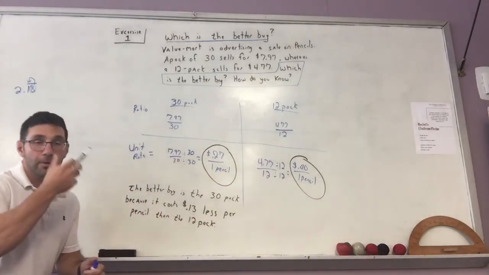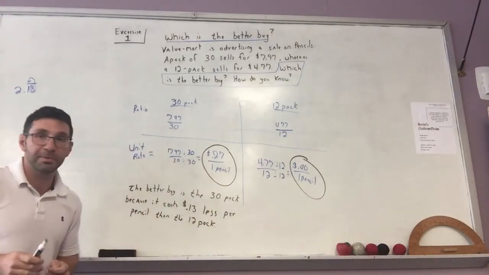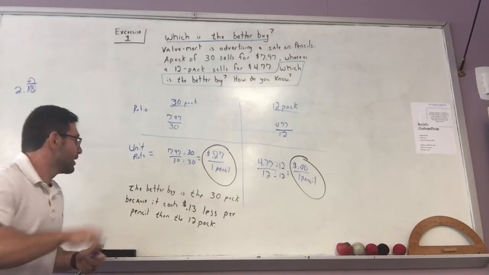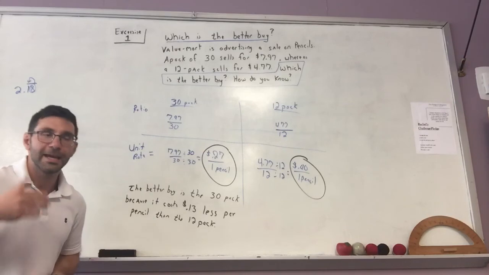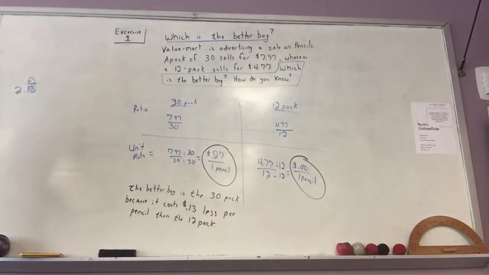Okay? Notice how I wrote a full complete sentence? It explains everything. If I read the better buy is the 30-pack because it costs 13 cents less per pencil than the 12-pack, it gives you an idea of what's actually happening in the word problem without even having to read the word problem.